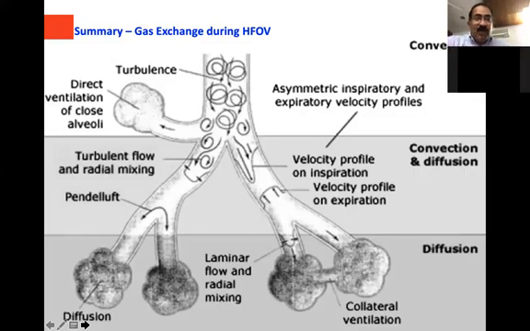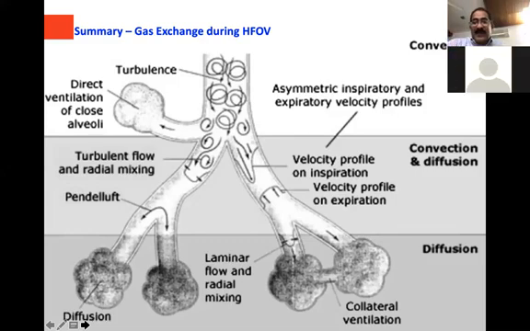The next mode is your convection along with your diffusion. Here, there's a turbulent flow as well as a radial mixing, which happens here. Along with this, you have asymmetric inspiratory as well as expiratory velocity profiles. And the third thing along with this is your pendulum mechanism.